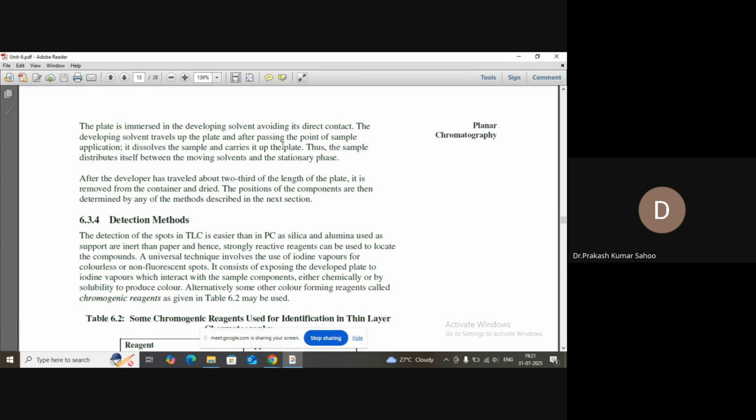After the developer has traveled about two-thirds of the length of the plate, it is removed from the container and dried. The position of the components is then determined by any of the methods described in the next session.